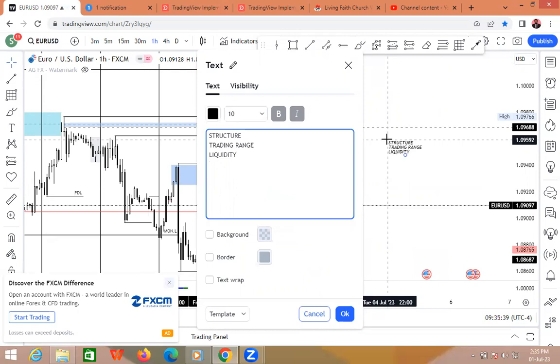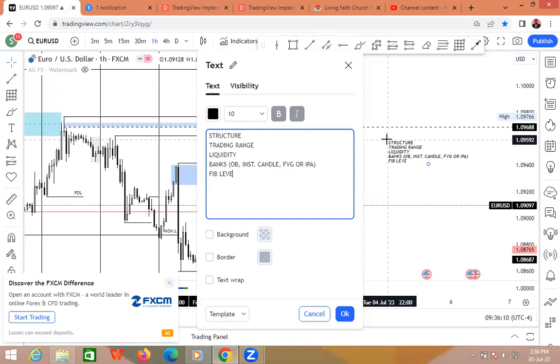After liquidity, we talk of the banks. By banks, I mean order block, OB, institutional candle, fair value gap or IFVG, and mitigation candle, smart money concepts, every other grammar they use. After the banks, you now draw your fib levels.